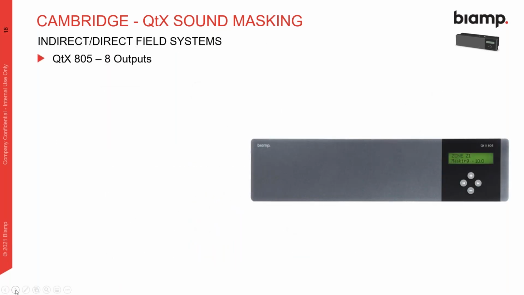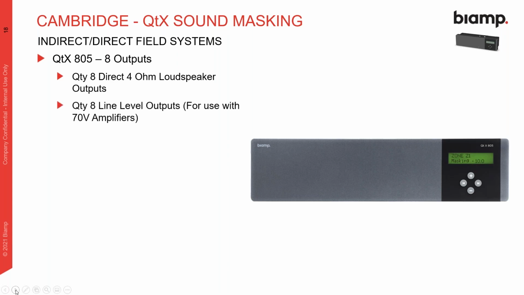All right, let's jump into the QTX 805. This is an 8-output device. It's got 8 direct outputs for 4-ohm loudspeakers. It also has 8 line-level outputs to use with 70-volt amplifiers. Built-in 8 sound masking generators. That's very powerful.